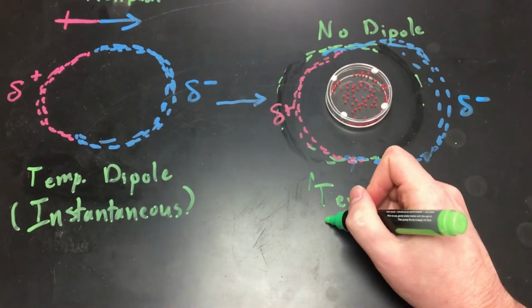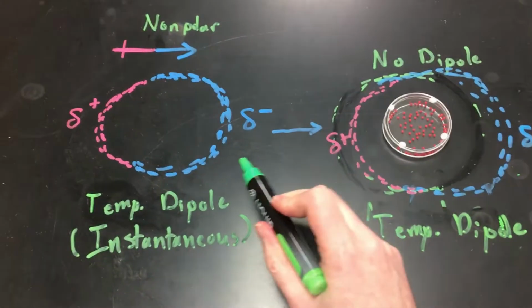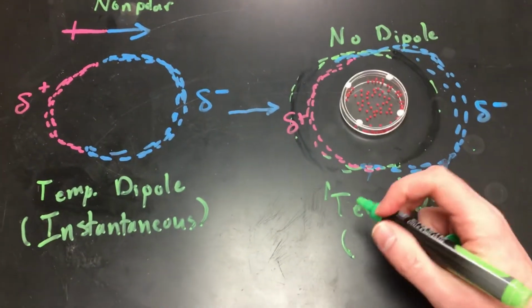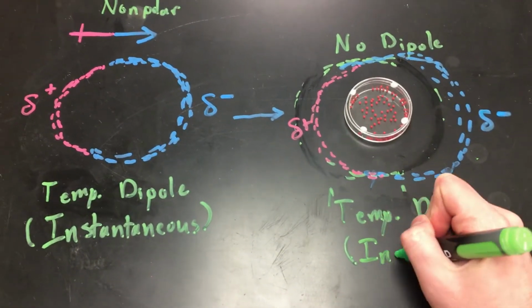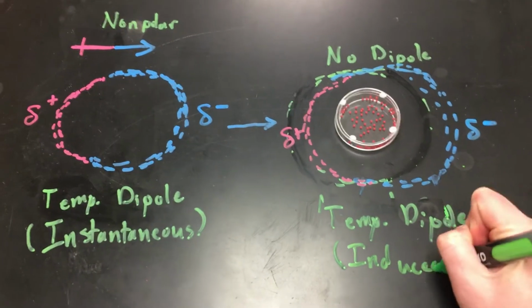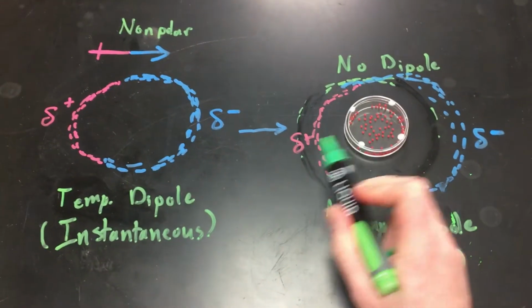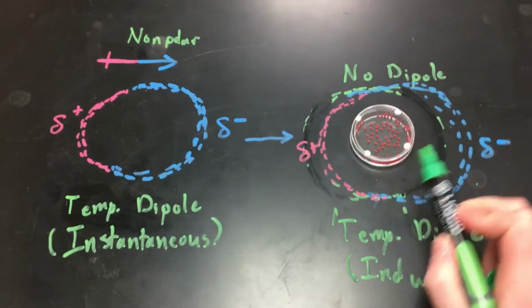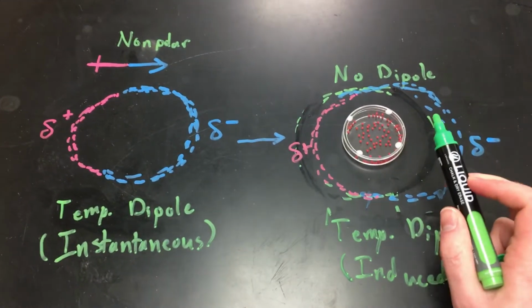Right? In this case, since we caused this to become a dipole, we call this an induced dipole. So we have induced, or caused, and bullied this electron cloud into being polar for an instant.